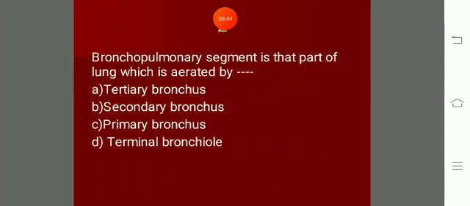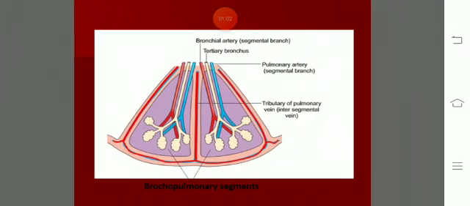Next question. The bronchopulmonary segment is that part of lung which is aerated by. What is the answer? It is the tertiary bronchus, and that is the definition of bronchopulmonary segment. Look at that. That is a diagrammatic representation.